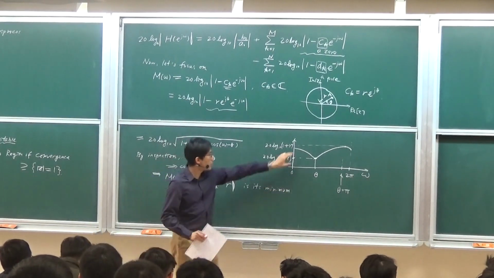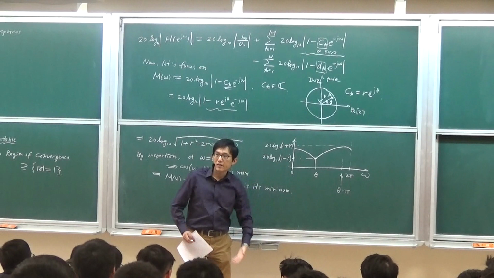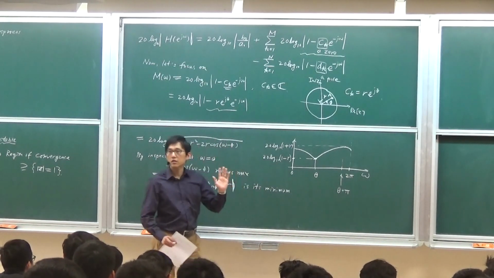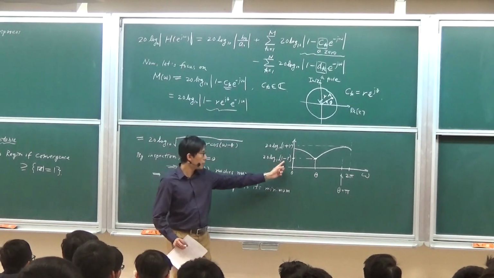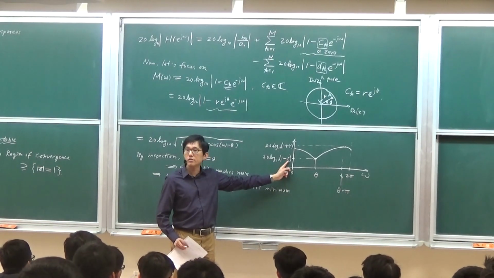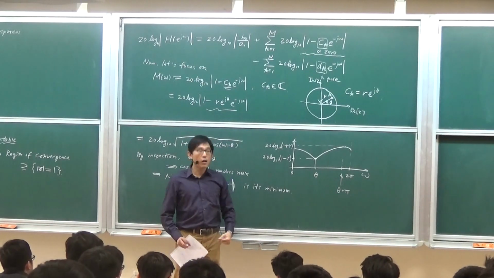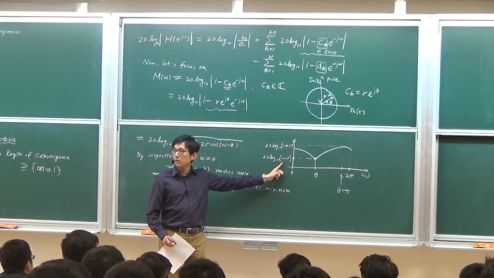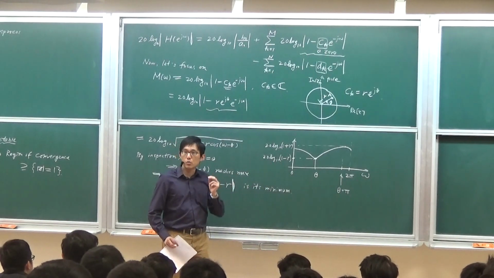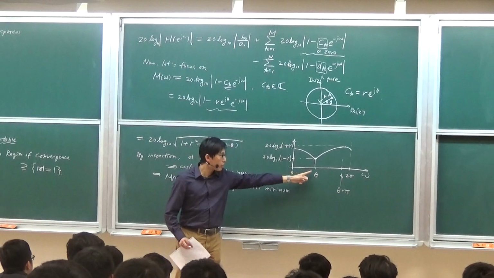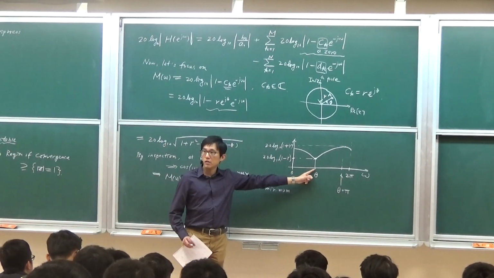And so that's about the angle. But how deep is the dip? What's the depth of this dip? Any idea? The depth of this dip very simply depends on how close the zero is located to the unit circle. The closer r is to 1, the deeper this dip is.